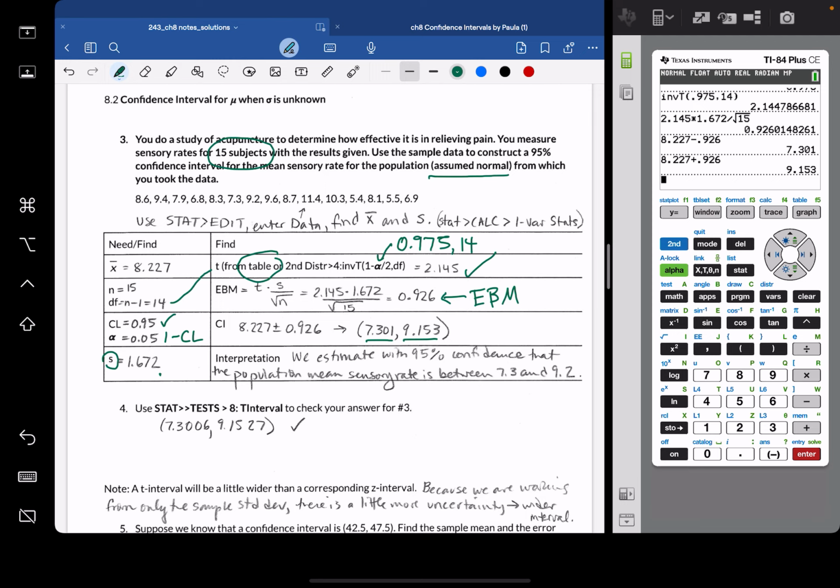There is my confidence interval, which means we can estimate with 95% confidence that the population mean sensory rate is between these two values.